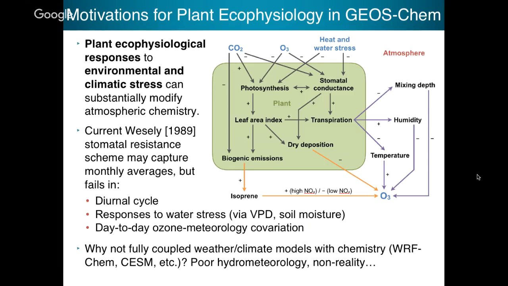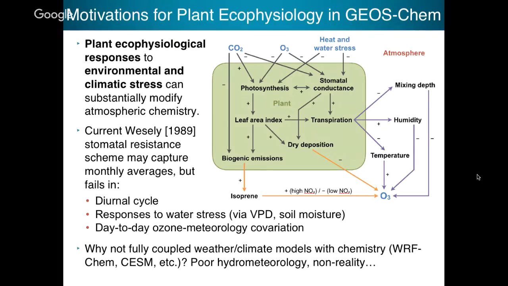Heat and water stress, like drought conditions, can cause the plants to close their stomata. And all these kinds of processes, Yuxuan Wang has also worked a lot on that. These kinds of issues can really affect the physiology of the plants and ultimately affect air quality, including ozone itself.